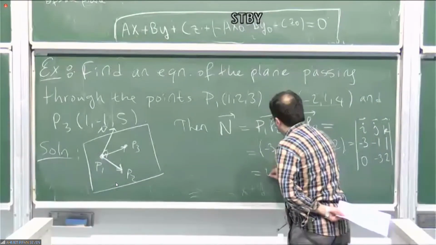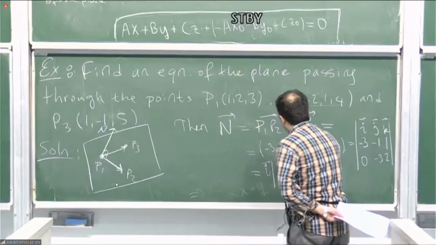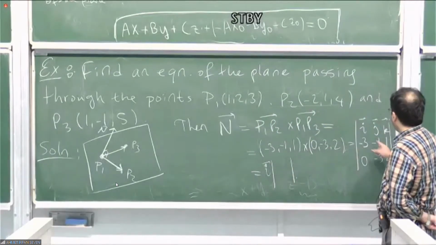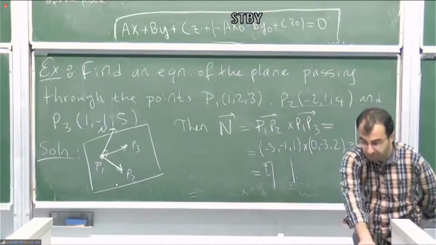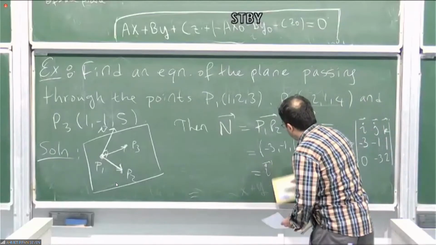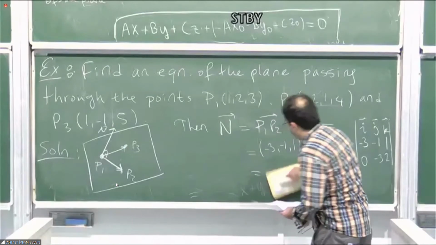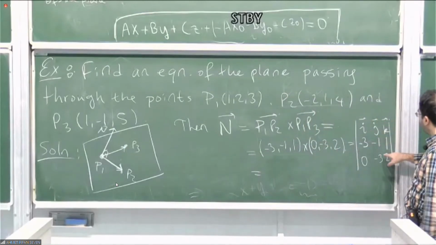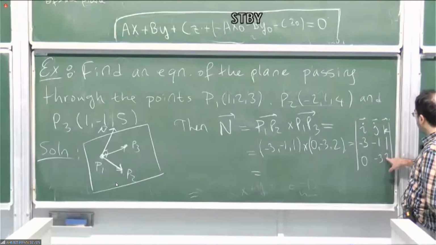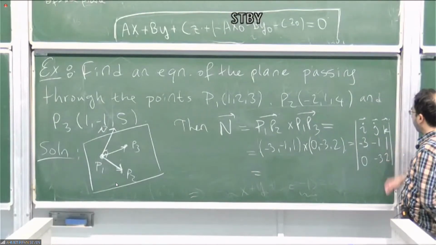So let's expand this one. Or let me compute it directly. So it will be i times this determinant, which will be minus 2 plus 3, which will be 1.